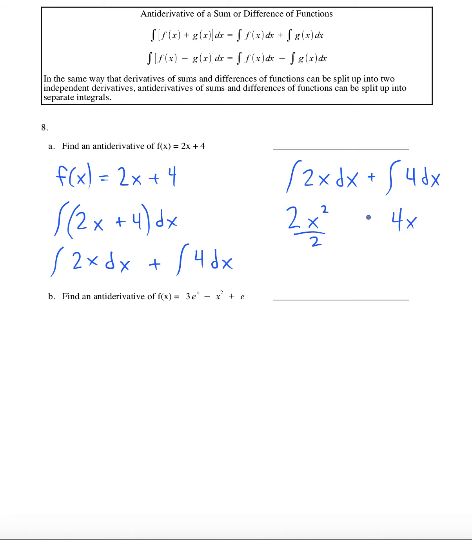And all we have to do is just put a plus between them. And we need a plus c at the end. So I'll simplify it just a little bit, cancel these 2's. And my final answer then will become x squared plus 4x plus c.